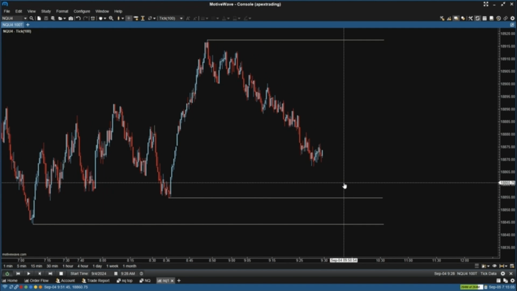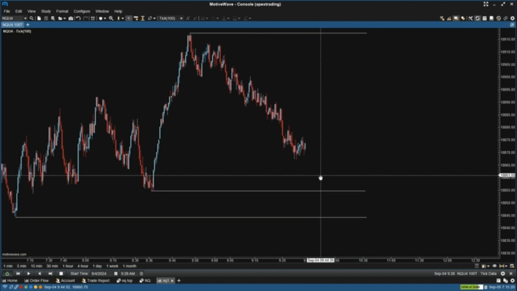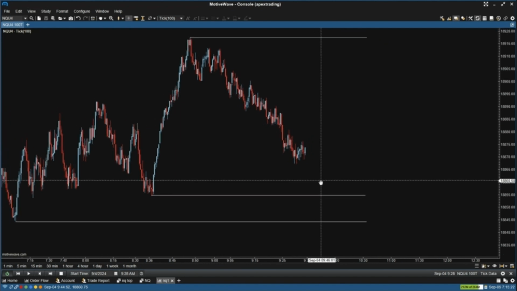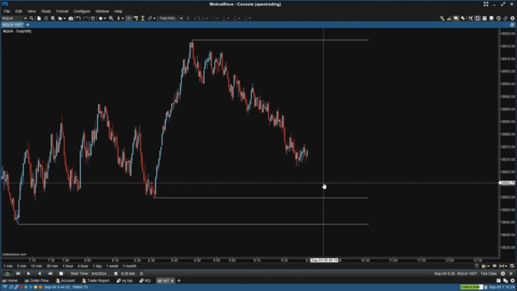If we enter a trade, manage it properly, cut the losers short and ride the winners if you want to, trail your stops. But risk management is very important here. So let's start.